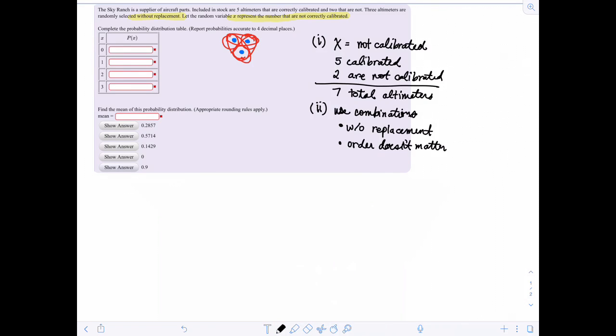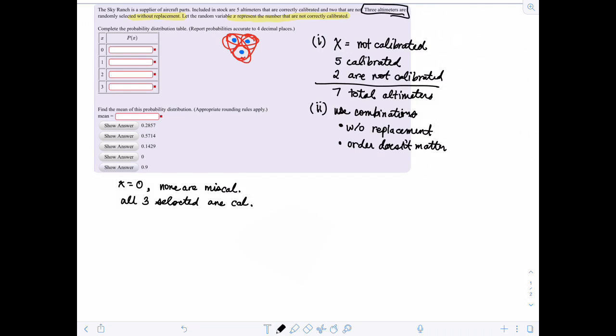Okay, so the first one is we let x equal 0. What does that mean? If x equals 0, that means we have 0 that are not calibrated, meaning none are miscalibrated. That means all 3 that I selected are calibrated.